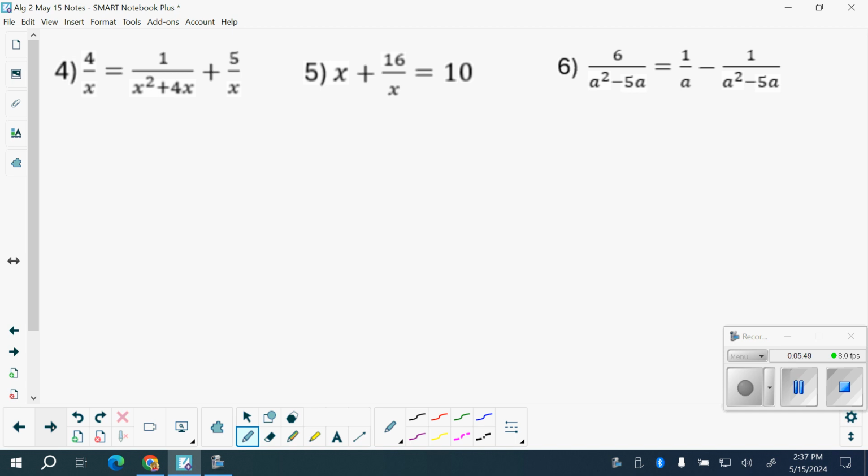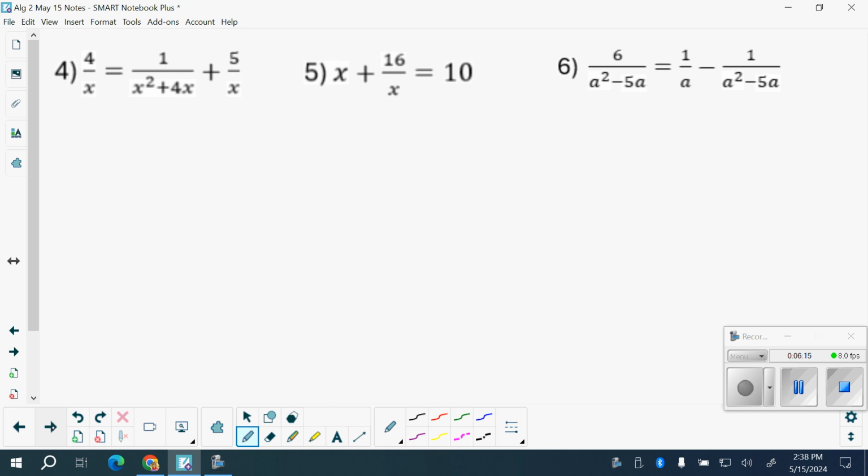Okay, this one's a little different. What's my least common denominator on this one? Can we factor anything, any denominator here? There is a denominator that factors. Which one?